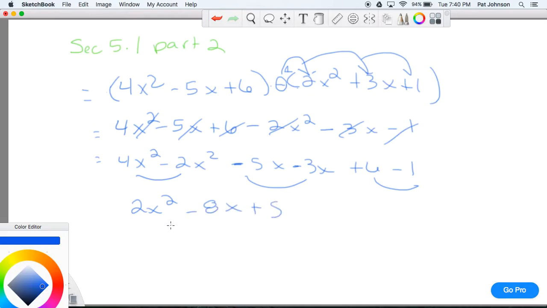I can't go any further than that. That's as far as I can go. All right. So I think I have 4x squared minus 5x plus 6 minus 2x squared plus 3x. Oh, this was a minus 1, so this became a plus 1. All right. So plus 1, so this is actually plus 7.